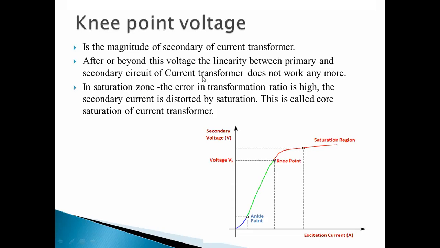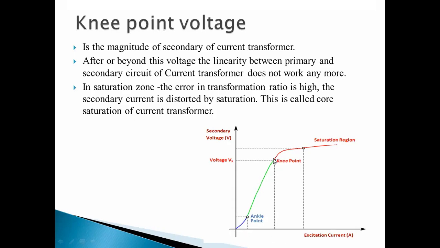Okay, now the knee point voltage. What is meant by this knee point voltage? Actually we have seen the current transformer, right? For this current transformer, the primary current is there, the secondary current is there. So what happens when we are increasing that current?